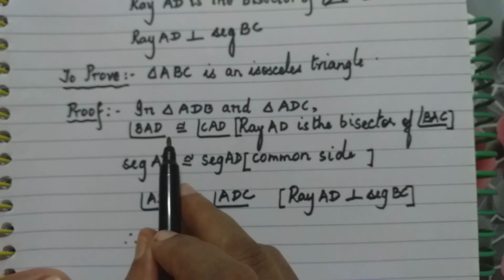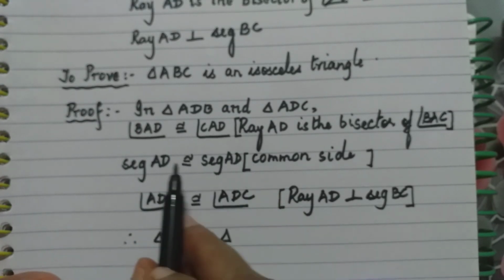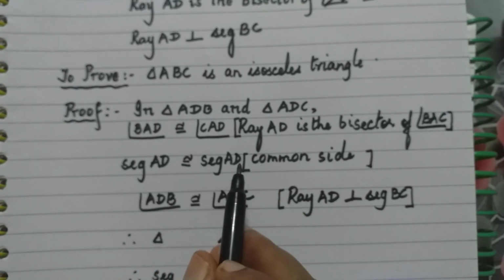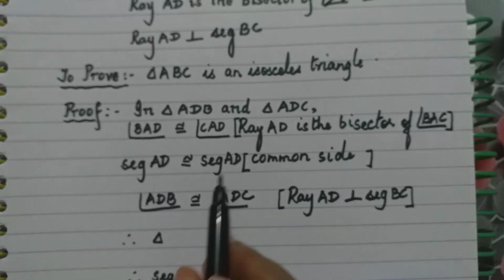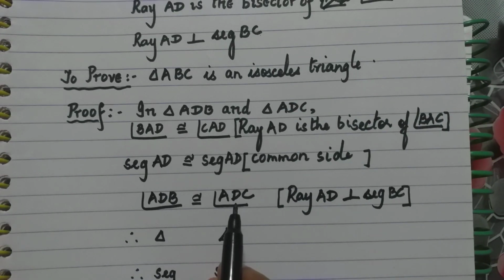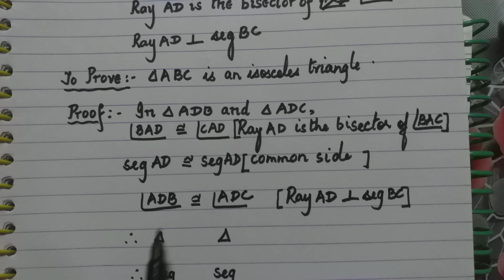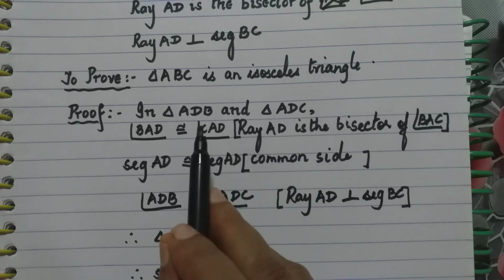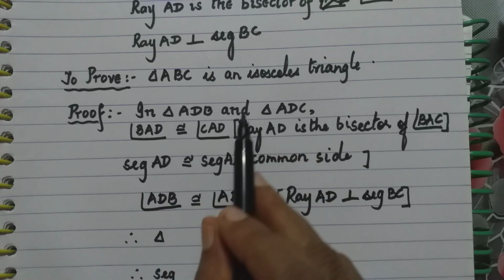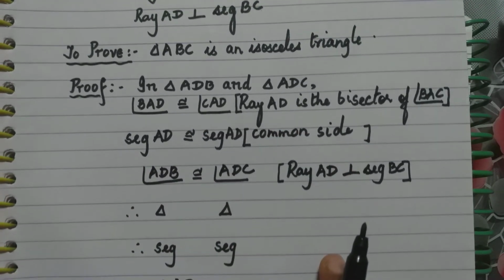Therefore, we got one pair of angles, we got one pair of sides, also we got one more pair of angles. Therefore, the two triangles are congruent to each other. Which are the triangles? Triangle ADB and triangle ADC.